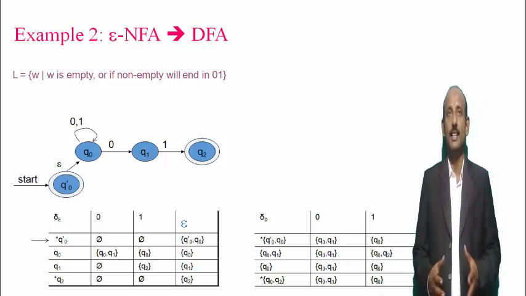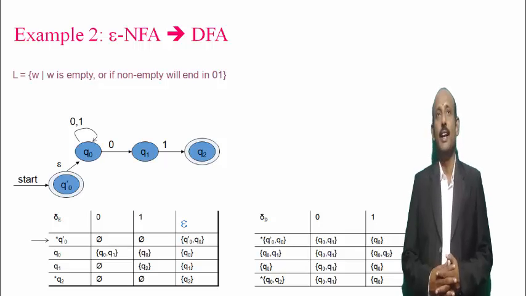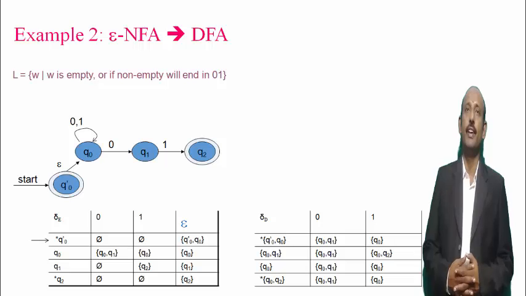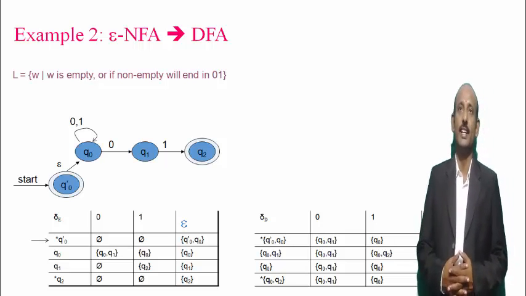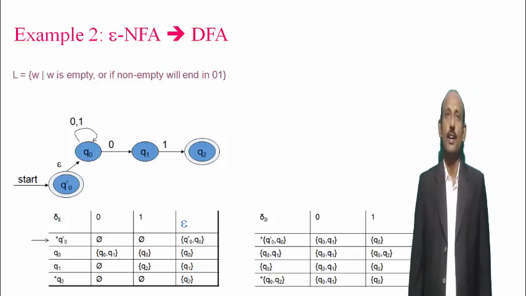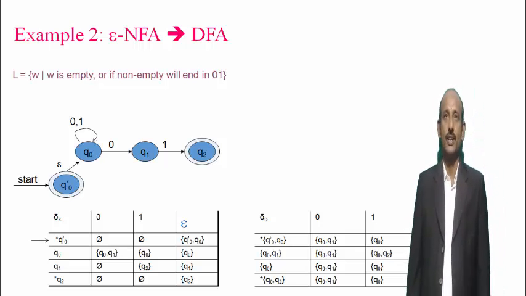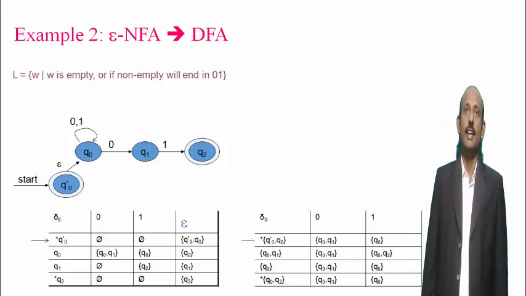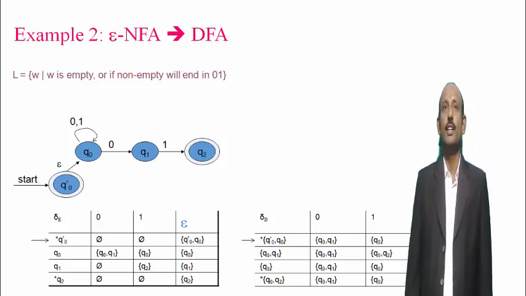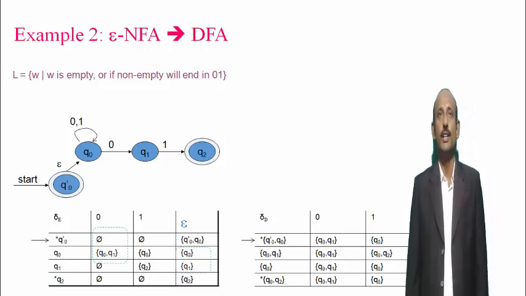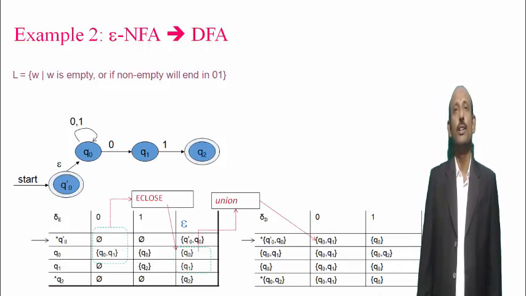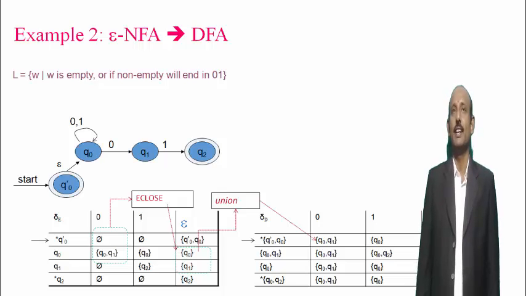So we have to construct the epsilon NFA and convert it to a DFA. Here we have the transition table, the NFA with epsilon transitions. Then we find the epsilon closure. The starting state is Q0, marked with a special arrow. Next, Q0 reads the inputs 0 and 1, and Q1 has a transition on input 1 to Q0. So we can go on to find that.